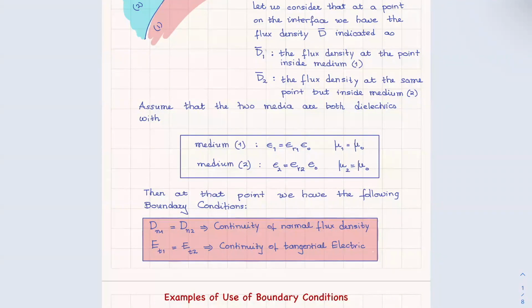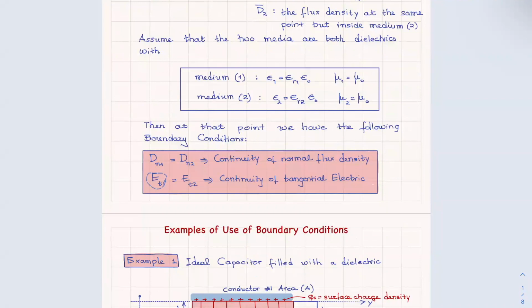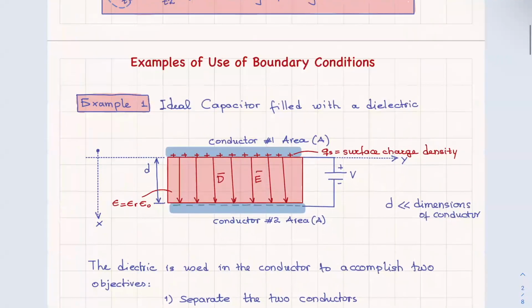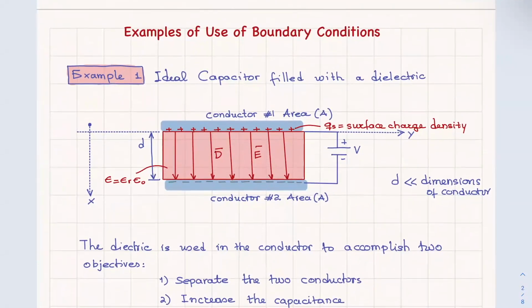Now, you need to remember that on a dielectric interface, you have continuity of the normal D, and you have continuity of the tangential E. So this is important. Now, what we are going to do next is to take these conditions and apply them in the case of a capacitor that is filled with different dielectrics.